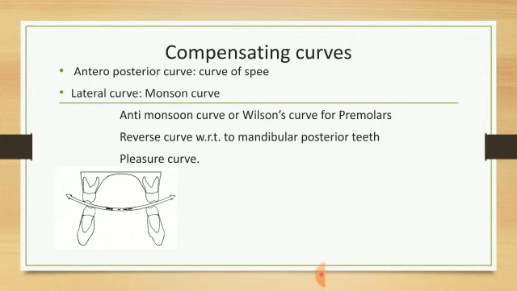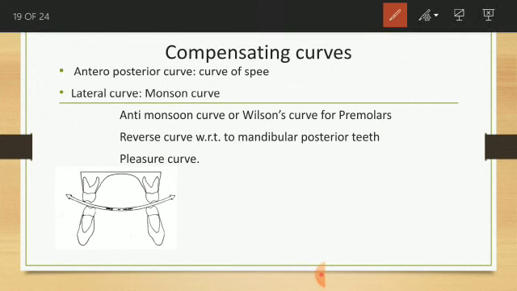So in that case, if we draw a curve from one premolar of the right side to one premolar of the left side, that would be seen somewhat like this figure. So this figure shows the Wilson's curve for premolars, maxillary as well as mandibular.